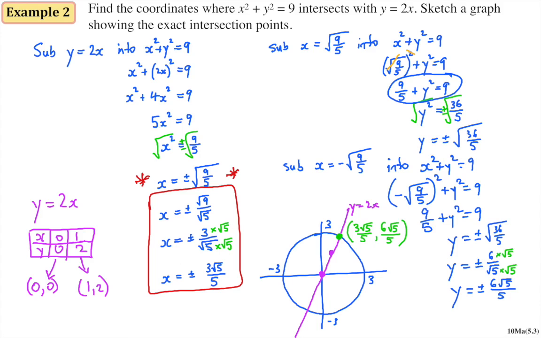Now, I could have written plus square root 9 over 5, comma, plus square root 36 over 5, but this is a more simplified answer because I've gone through the process of reducing it to a rationalized form. This one is going to be minus 3 square root 5 over 5, comma, minus 6 square root 5 over 5.